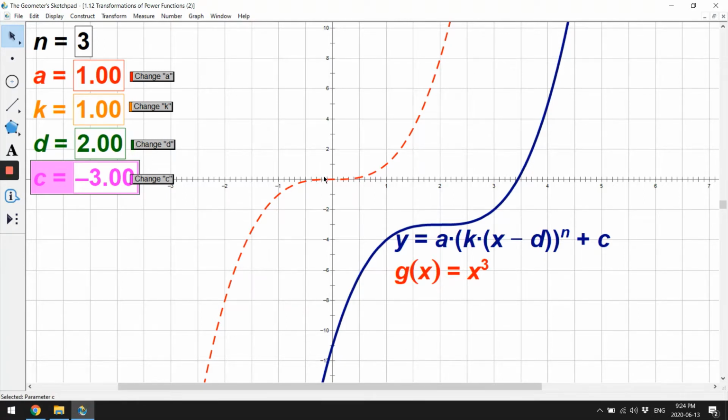And I want to add the fact that you can determine where the new location of the point symmetry will take place. The point symmetry of this transform function will now take place at 2, -3, because the point on the origin, or where the point symmetry used to exist, is now located at 2, -3.